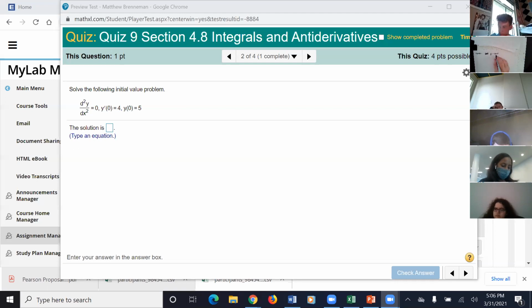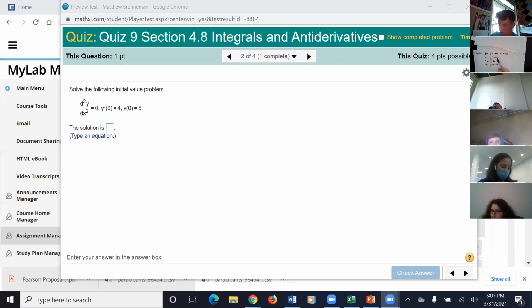So this means that y equal 4x plus 5 has to satisfy 3 conditions. So it has to satisfy the differential equation, and it has to satisfy the two initial conditions. So this is what you would check.